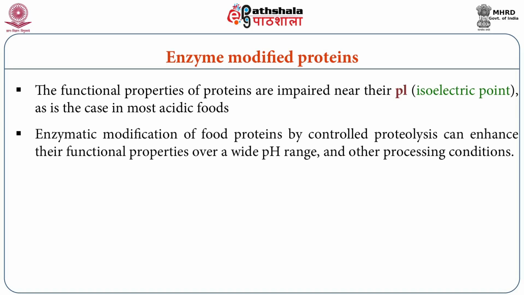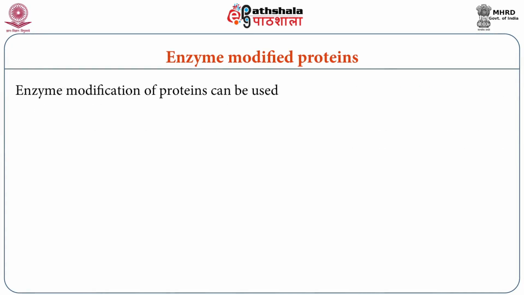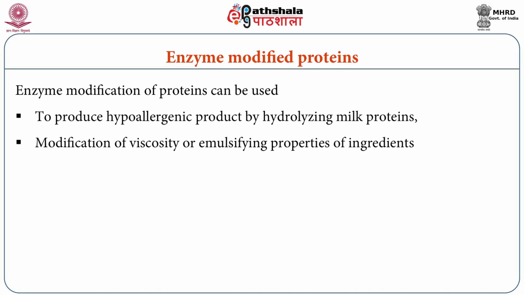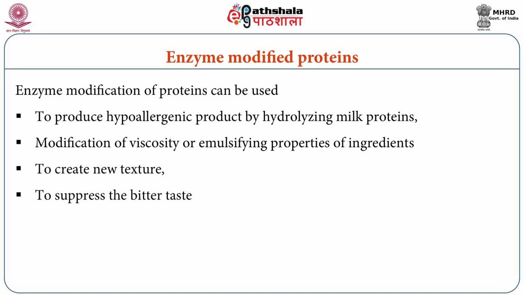So enzymatic modification of food proteins by controlled proteolysis can actually enhance their functional properties over a wide pH range and other processing conditions. So we can modify proteins using enzyme and can be used to produce hypoallergic product by hydrolyzing milk proteins, modification of viscosity or emulsifying properties of ingredients to create new texture, to suppress bitter taste.